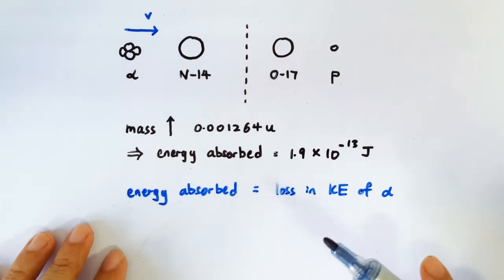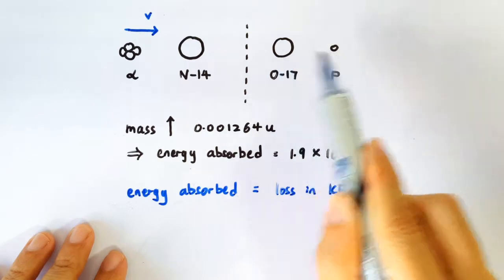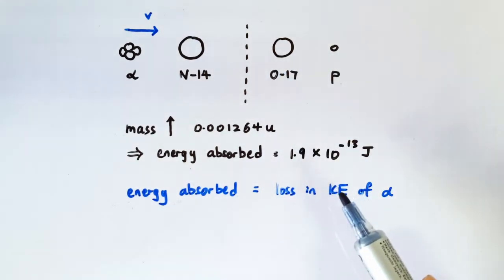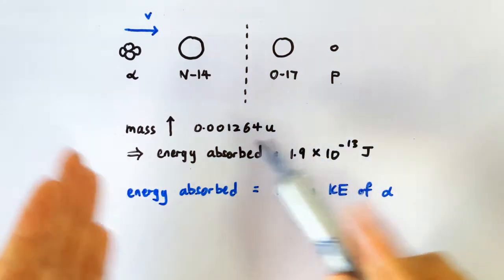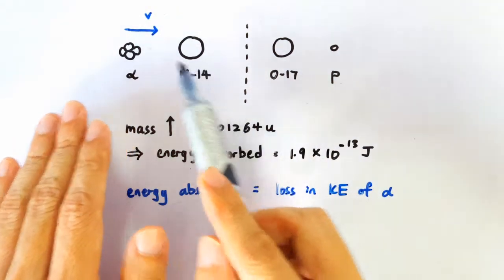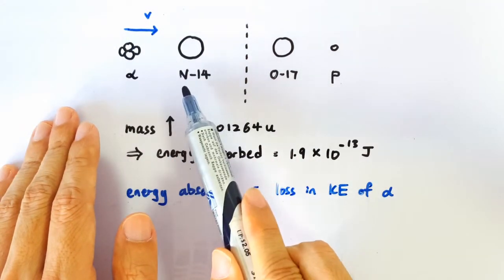In the last part of the question, we were prompted to the fact that these two nuclei are not stationary after the reaction. Actually, the question does not have to tell us that, because this is something that we can figure out on our own. Before the nuclear reaction, the total momentum was not zero.